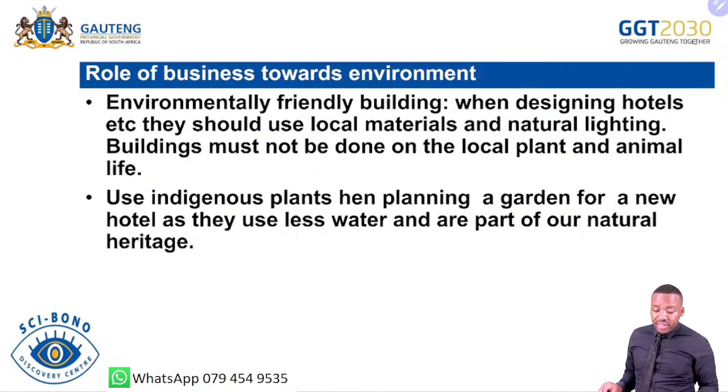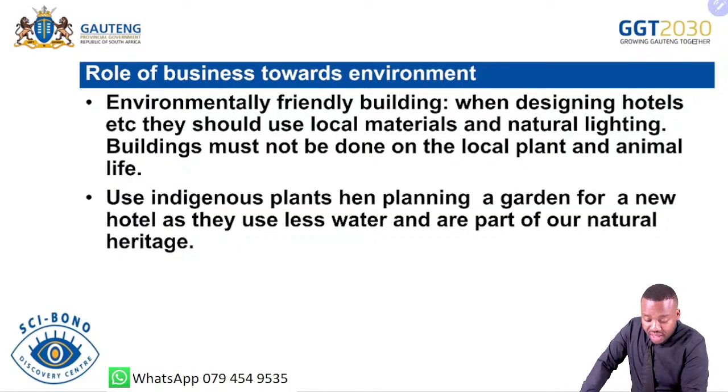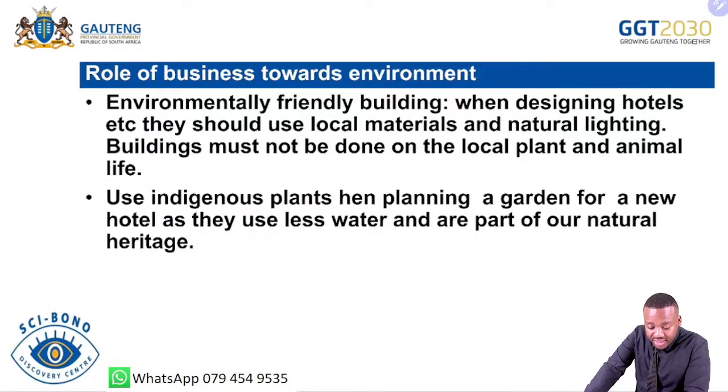As a tourism business, again, you need to make sure that you have an environmentally friendly building, right? From the very get-go, when you are busy trying to plan for your new building, when designing hotels and so on, the businesses should use local material and natural lighting. Businesses must not be done at the expense of local plants and animal life, right? Tourists are very environmentally conscious, so they need to know all those things.